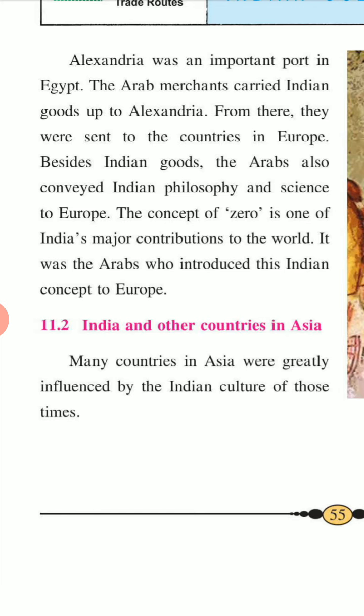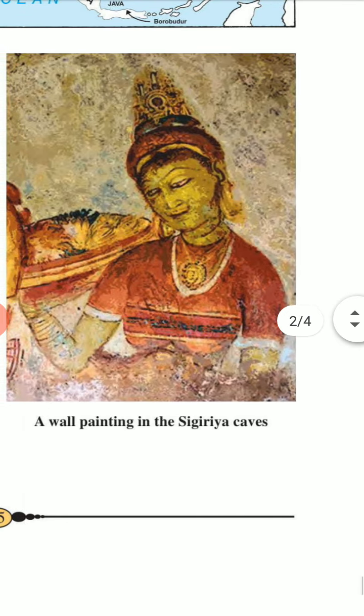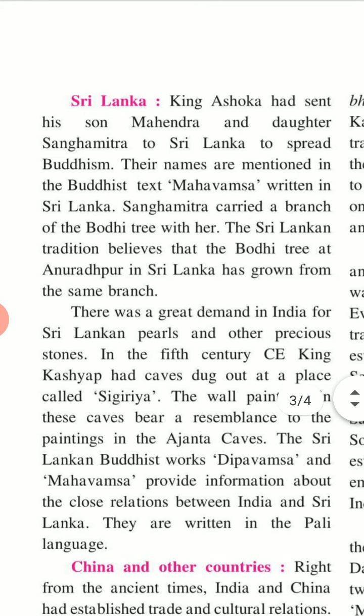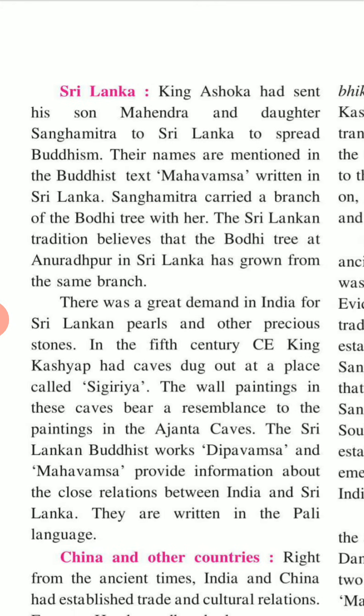11.2 India and other countries in Asia. Many countries in Asia were greatly influenced by the Indian culture of those times. A wall painting in the Sigiriya cave. Sri Lanka.